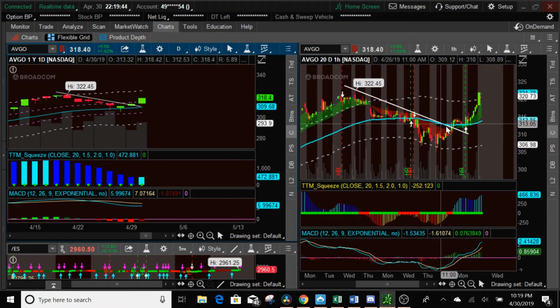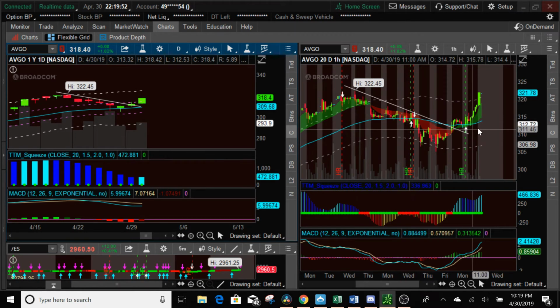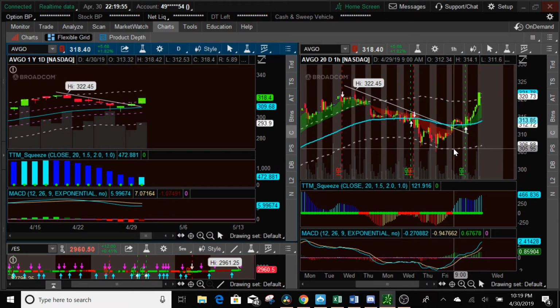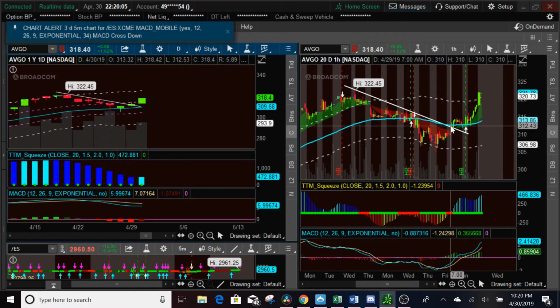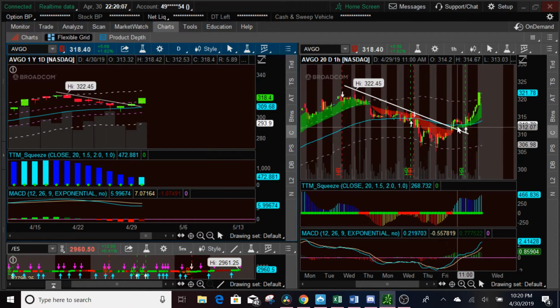It was on the break of that trend line on the hourly, and you can also see it's right around the average. On my hourly, I've got an 89 EMA with a 4 ATR Keltner channel. What I'm looking for is the break of that trend line to the upside.